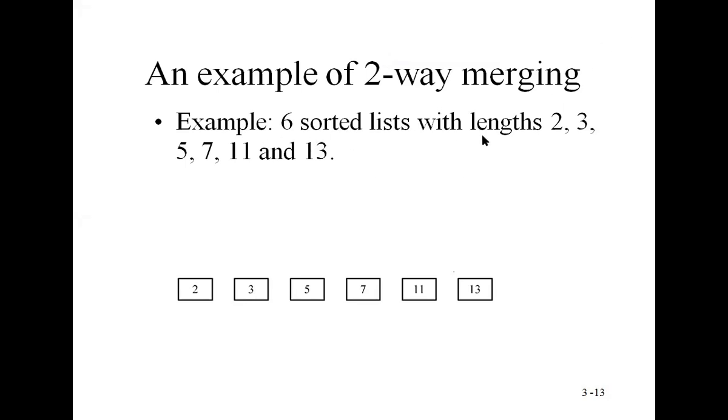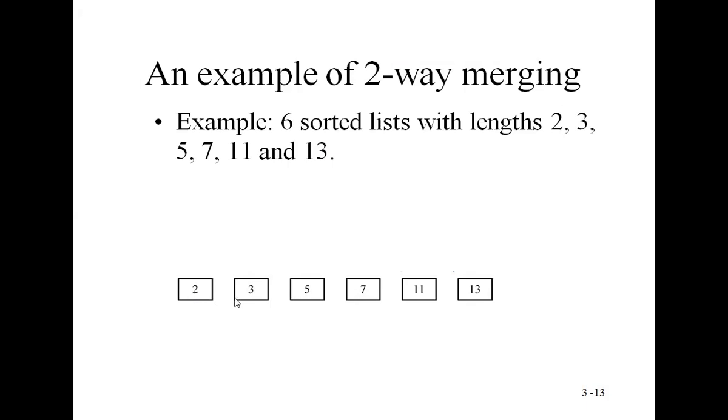So these are the sorted lists, files. First file, second file, third file, fourth file, fifth file, sixth file, like this. All these are separate files. Now we want to merge these files.